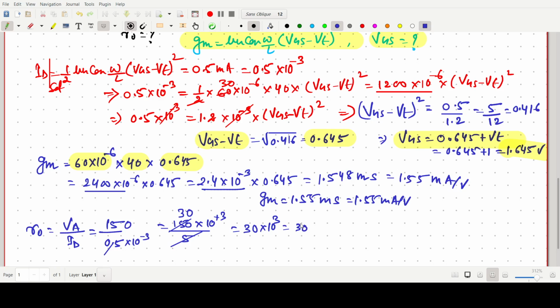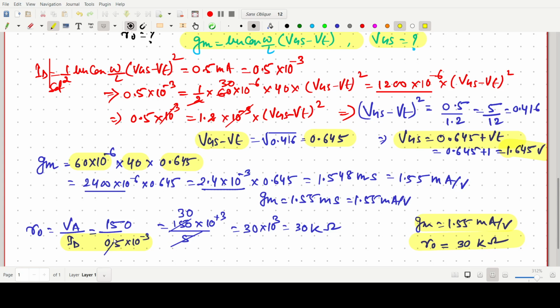So 30 kilo. So gm is 1.55 milliampere per volt, and r naught value will be simply 30 kilo ohm. This is the final answer when ID is given.